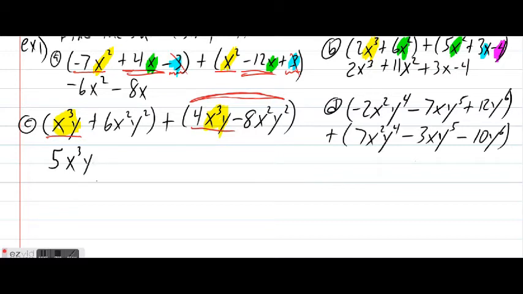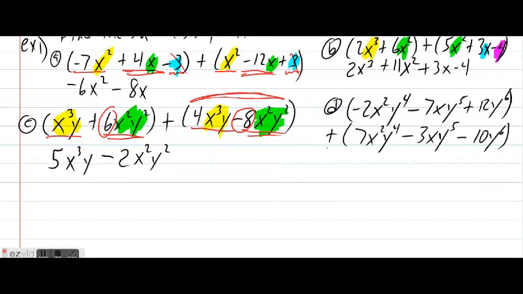Now, x squared y squared. Look over here in this other one, x squared y squared. So I'm combining those two, focusing on that positive 6 and that negative 8. 6 minus 8 is negative 2x squared y squared.